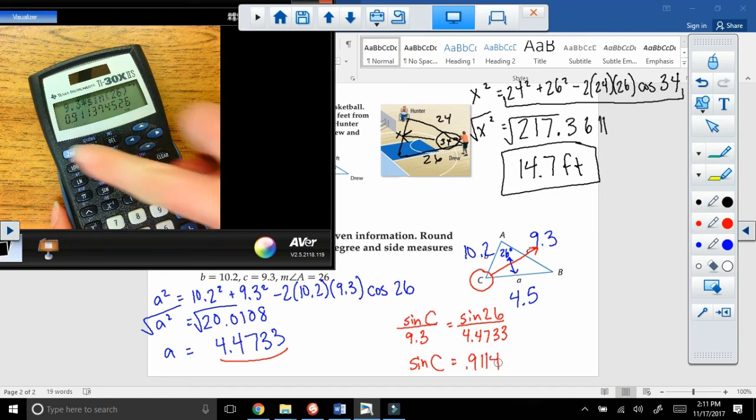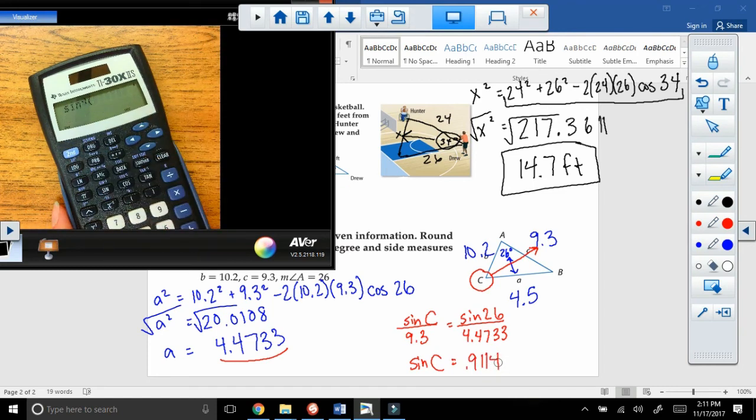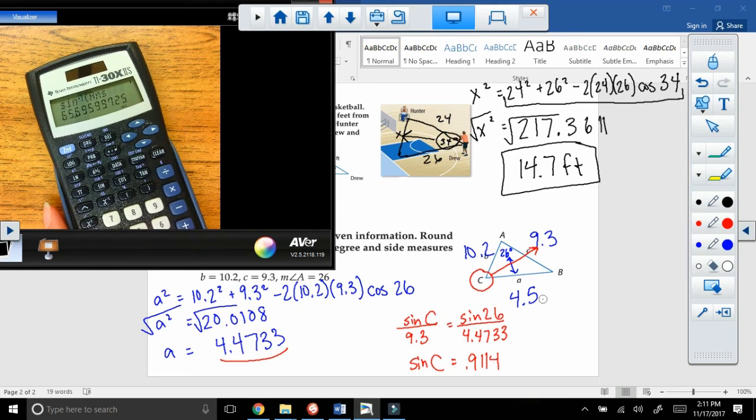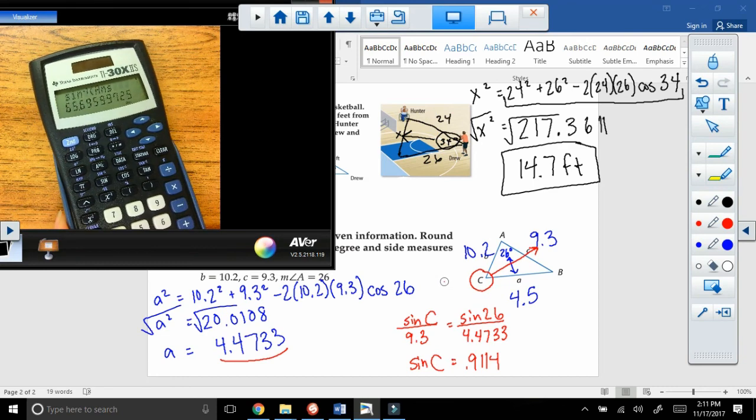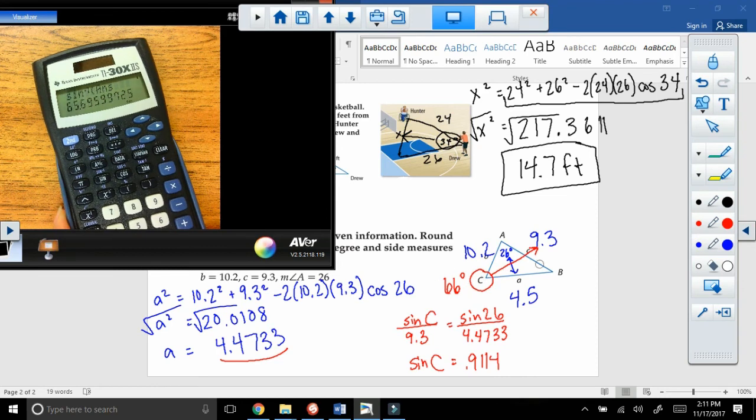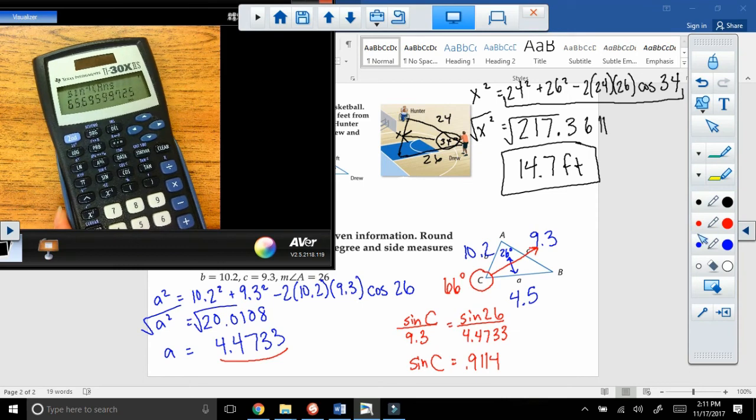And then to solve for that, I have to do the inverse sine of that previous answer. So this angle, and it says they want me to round to the nearest degree, this angle is about 66 degrees. And they're being pretty lenient in the book with having us round like that. I probably would rather be more accurate, but that's okay. The book is going to say 66 degrees.